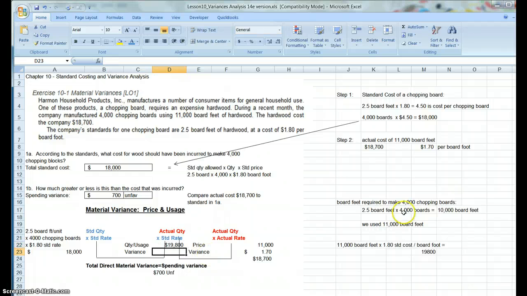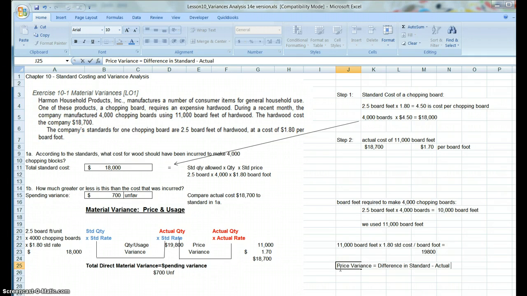So when I want to calculate my price variance, I'm going to isolate on the difference in my prices. A price variance, by definition, equals the difference in standard minus actual cost per unit times actual units.